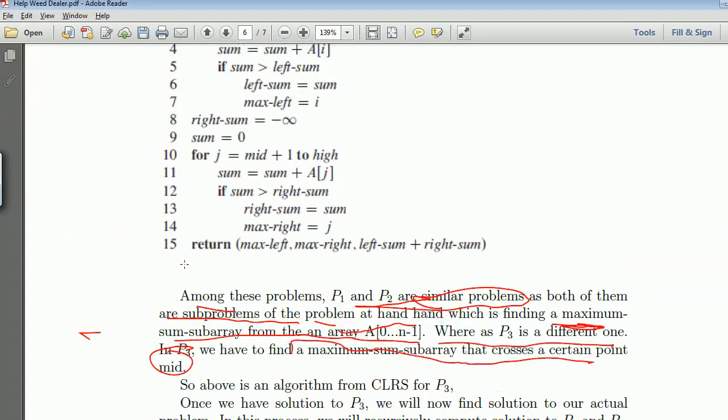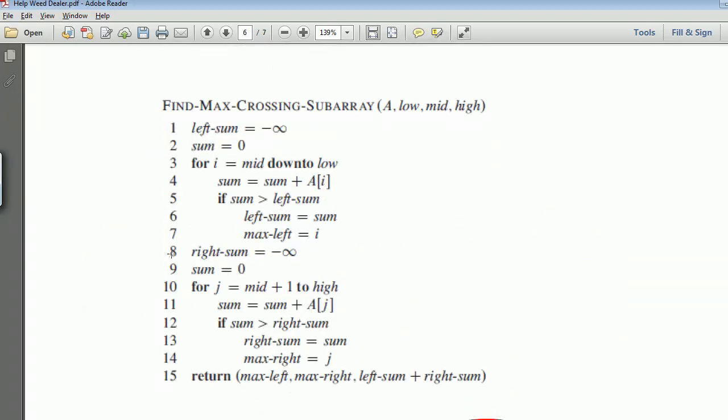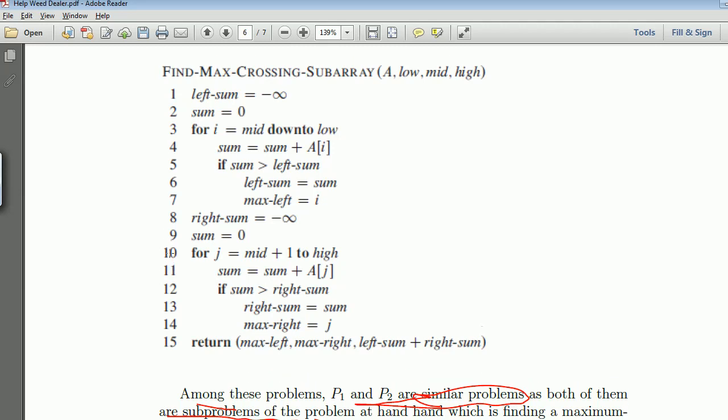So since P1 and P2 are recursive subproblems of our original problem, let's go and write an algorithm for P3, which is finding a maximum sum subarray such that it crosses a certain point mid.